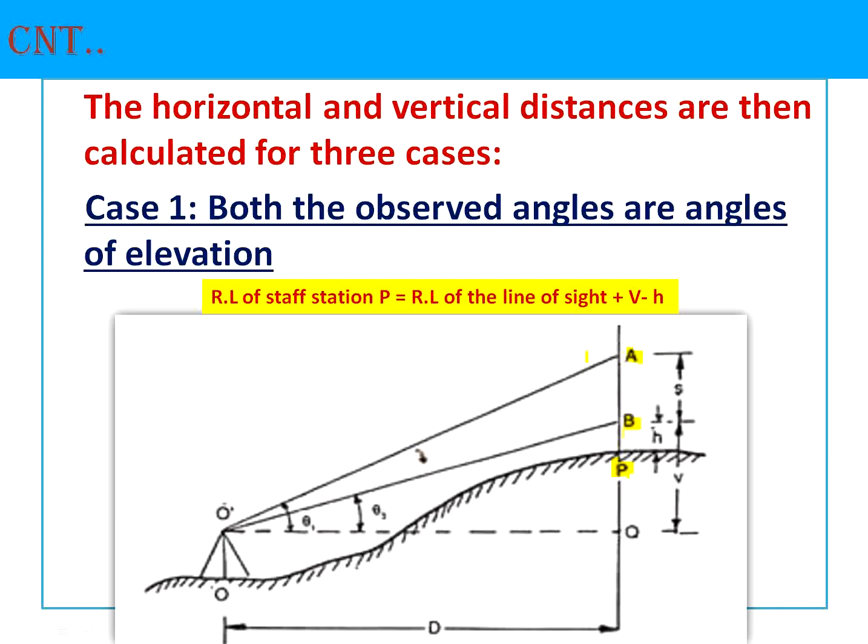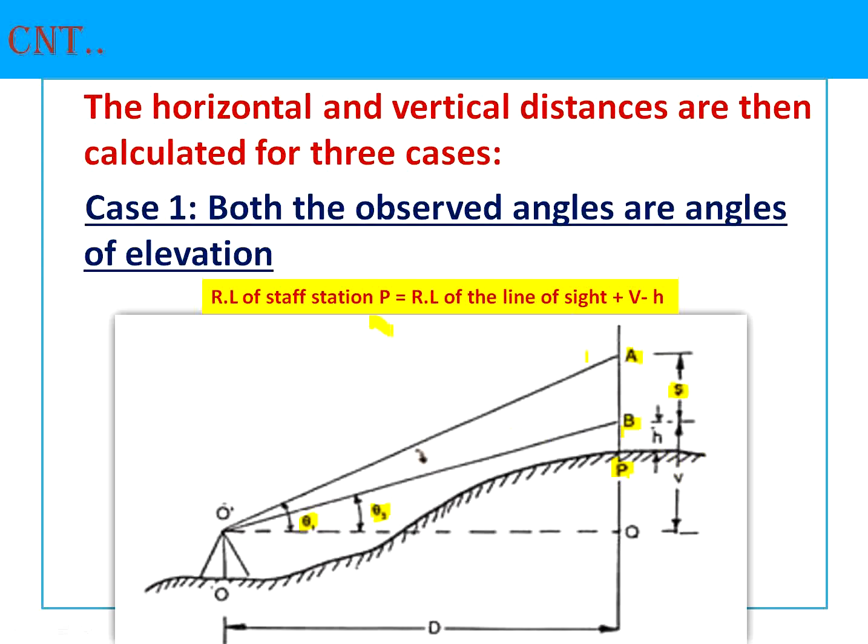The vertical distance between A and B is termed as the staff intercept. The angles are also measured corresponding to those two hairs, and the distance corresponding to B is termed as H, and the distance from the line of sight to B is termed as V.